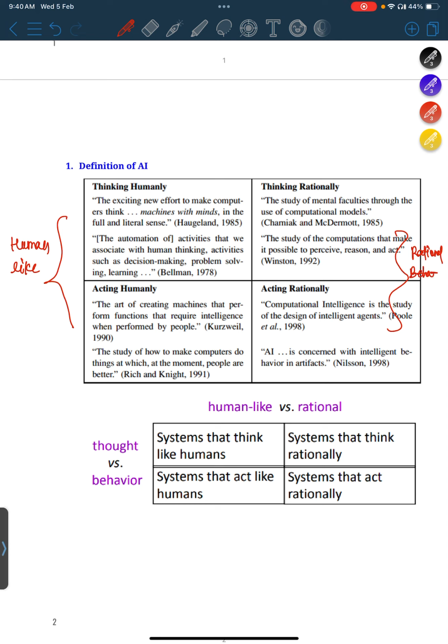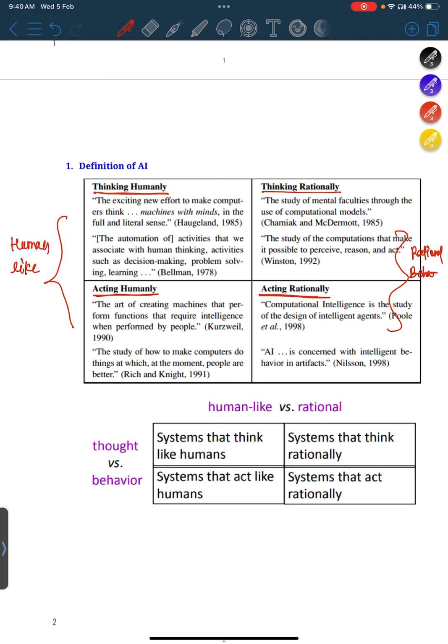So the definitions of AI can be categorized into overall four categories: thinking humanly, acting humanly, thinking rationally and acting rationally.